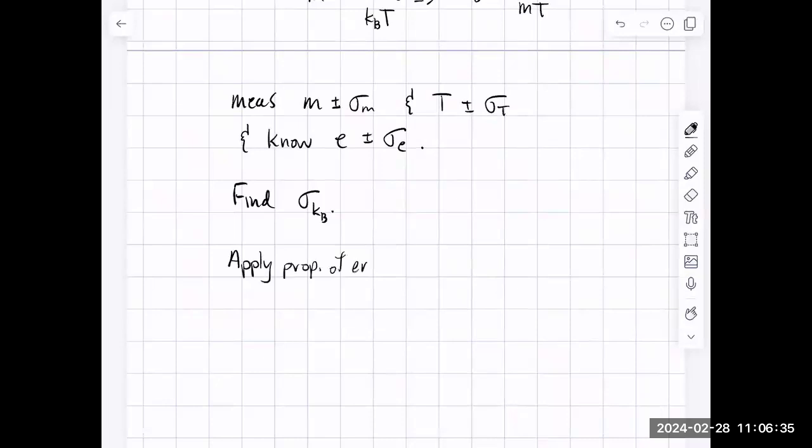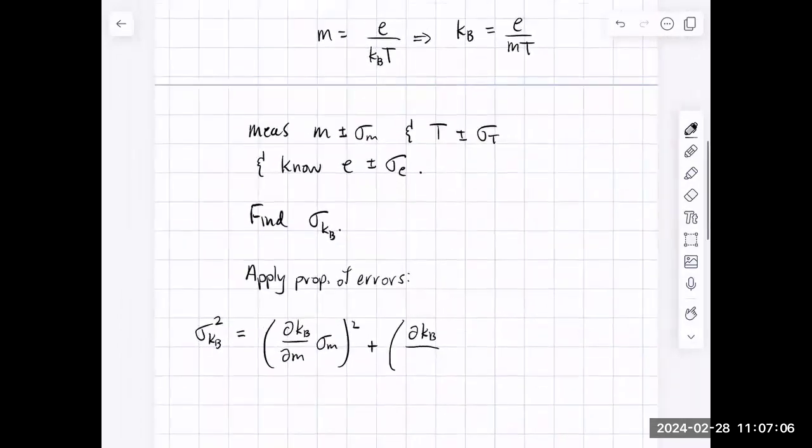And I'll write out the full expression for this example. So the uncertainty in Boltzmann's constant, I'll write it out as the uncertainty squared of Boltzmann's constant is going to be the derivative of Boltzmann's constant, say with respect to the slope, times the uncertainty in the slope, and then we have to square it. And then we take the derivative with respect to, well, another one of our parameters was the temperature.